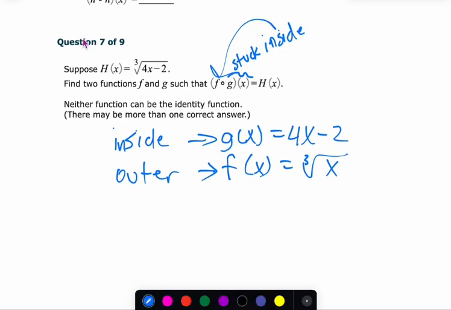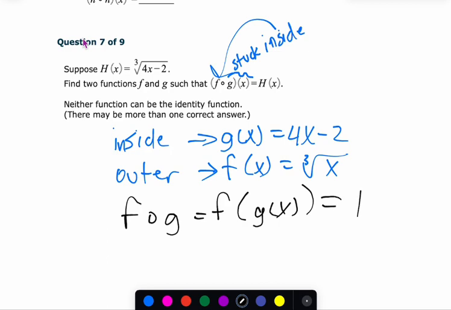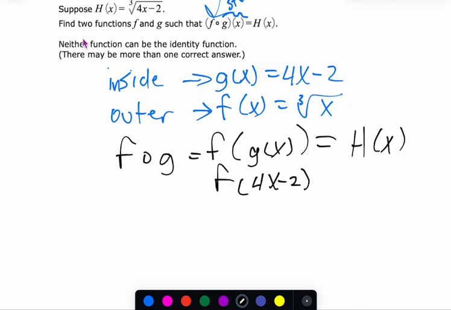Well, all you got to do is say, if I took f of x and stuck g inside, would I get h of x? So let's check to see if that's true. Well, if I took the f function and stuck in 4x minus 2, that is just taking and sticking into a cube root 4x minus 2.